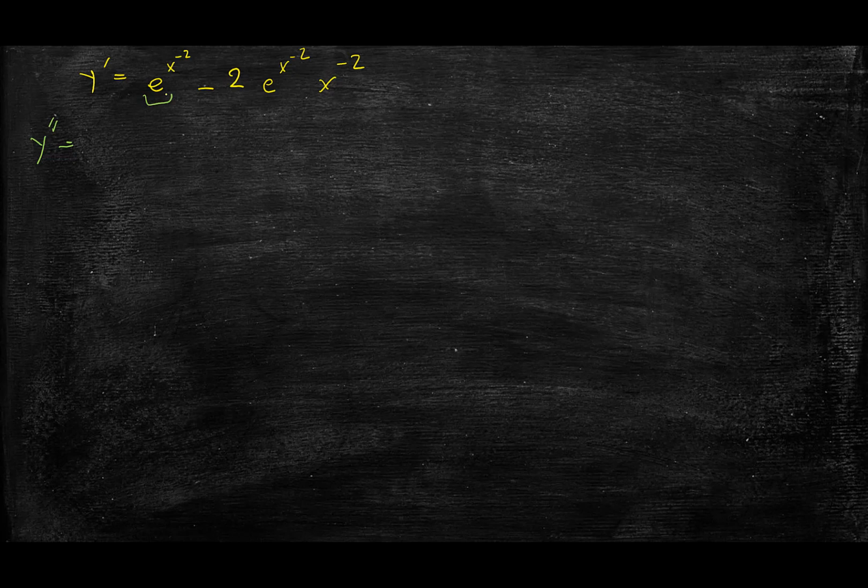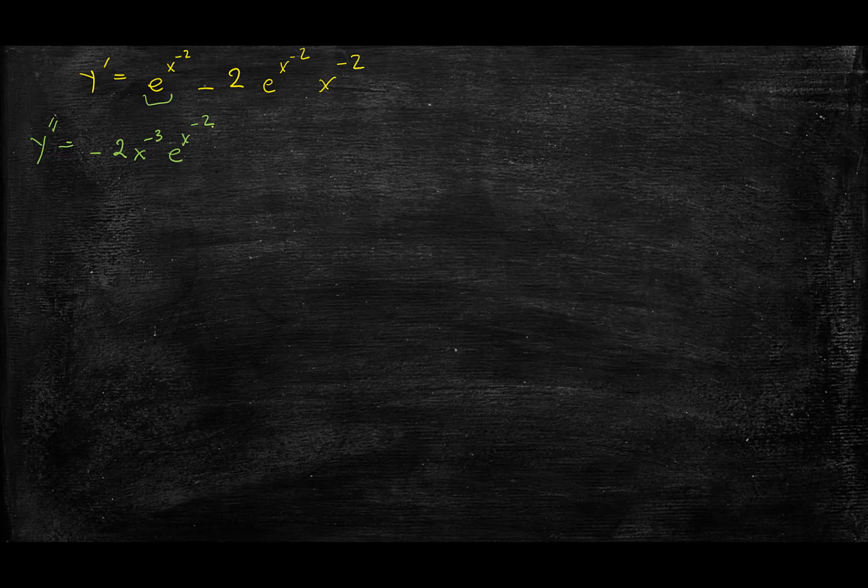So the derivative of that from the previous part is just negative 2 x to the negative 3 e to the x to the negative 2. You can definitely pause this video and do this on your own and then try to compare your answers with mine. Now, you might not get the same derivative exactly the way I do it. If you simplify it, you will get the same thing.